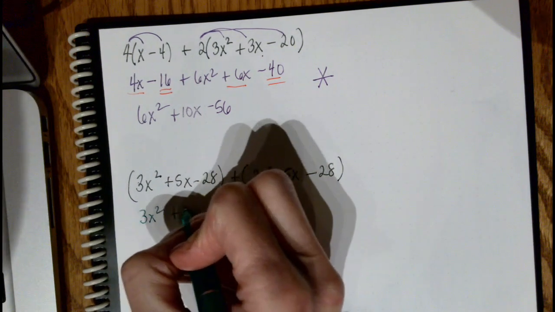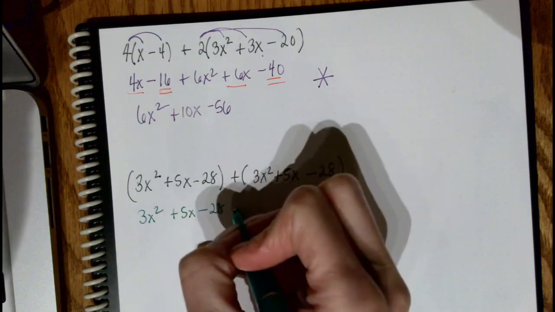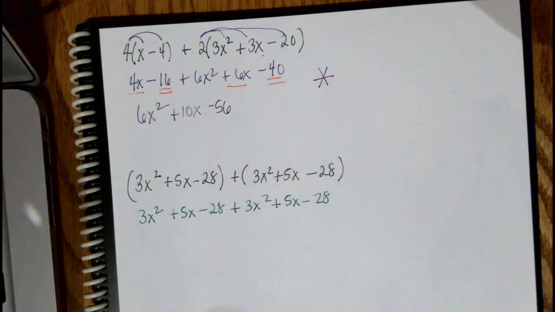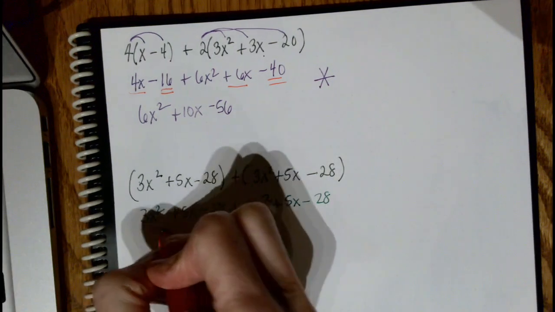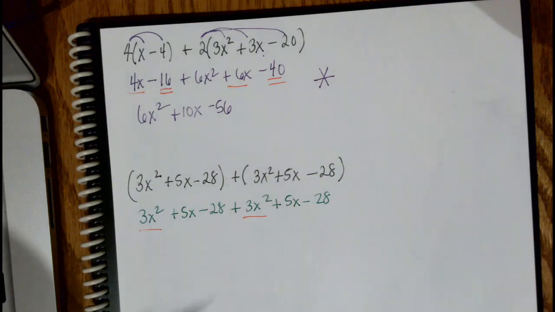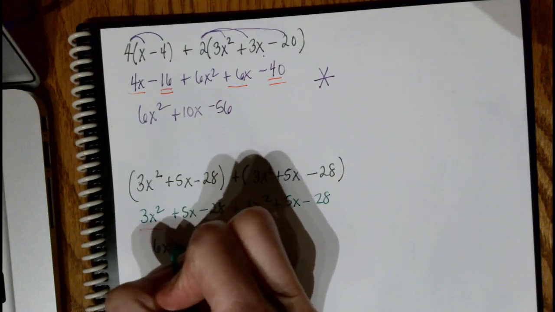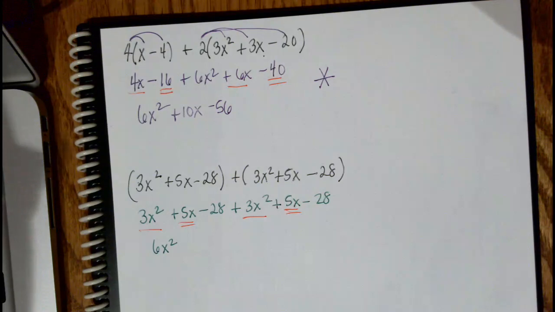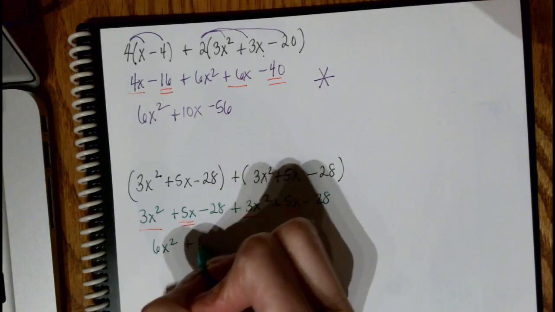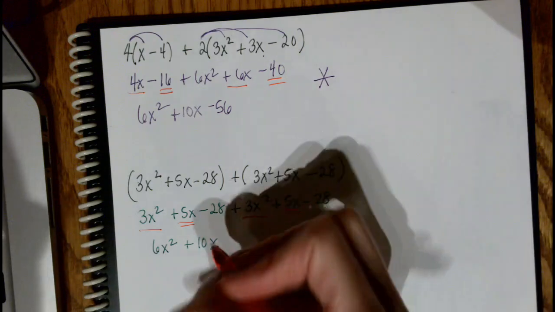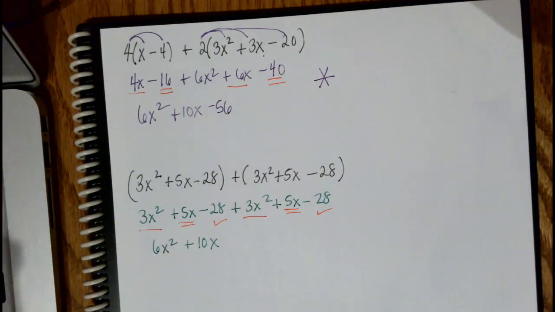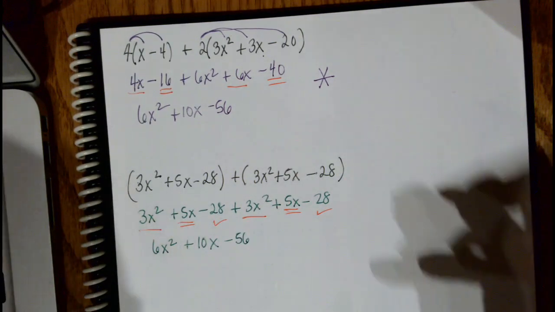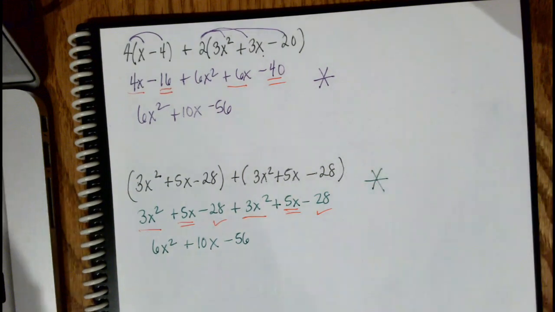So 3x squared plus 5x minus 28, and then plus 3x squared plus 5x minus 28. When we combine like terms, 3x squared plus 3x squared is 6x squared. 5x plus 5x is 10x. And negative 28 plus negative 28, again, don't hesitate to use decimals, is negative 56. And what we see, at least by having to do that last one, is that this is also an answer.